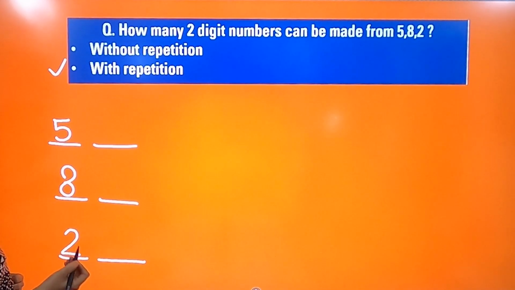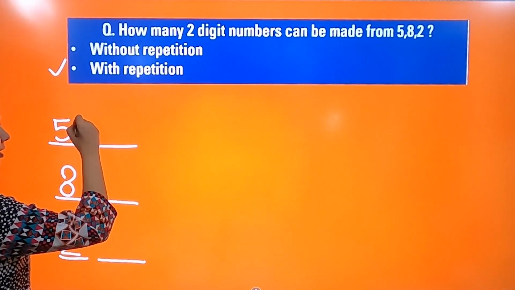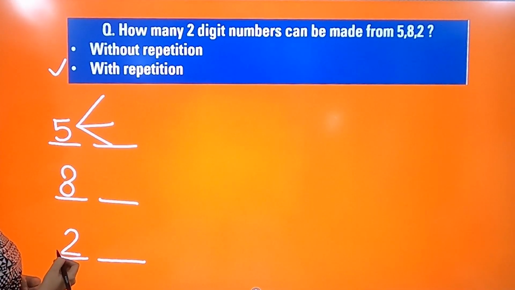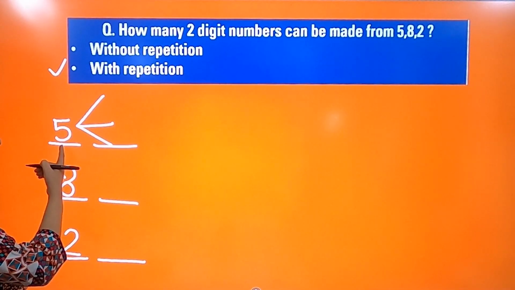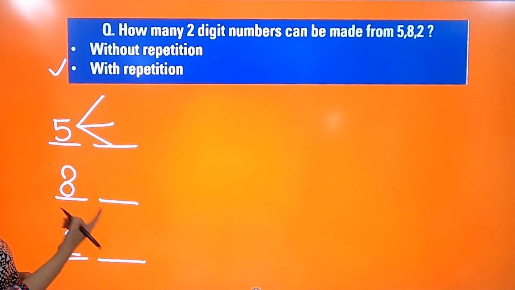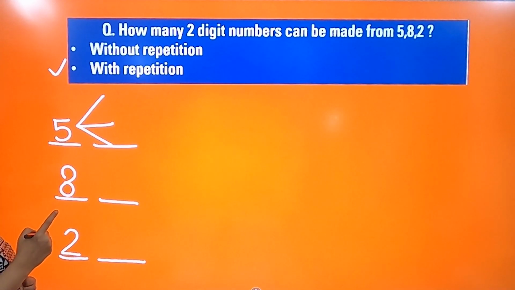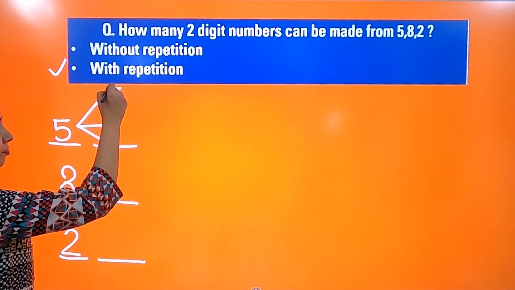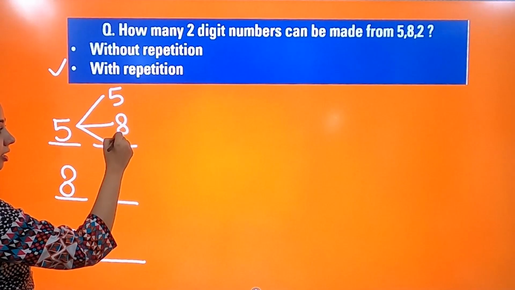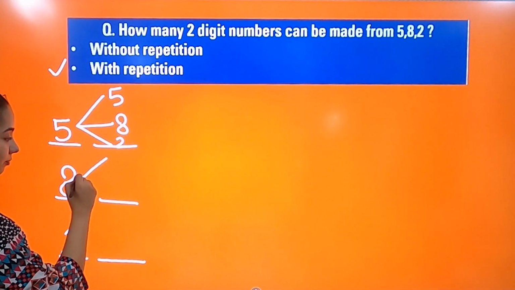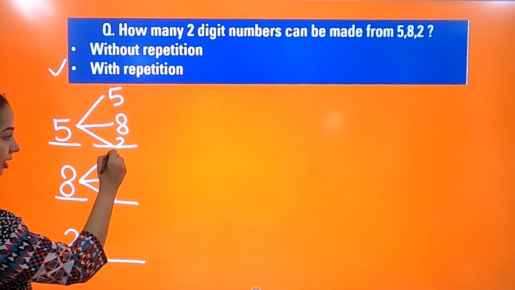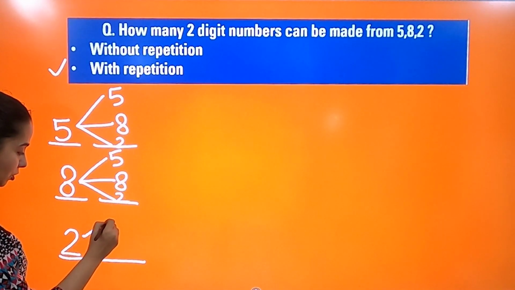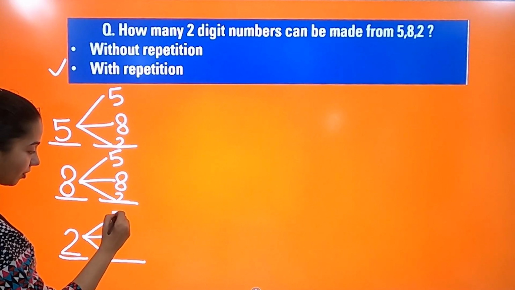Since this time the repetition is allowed, with 5, how many options do I have? I have all the 3 options because I can use 5 again in the second place even if I have used it in the first place, because I am doing it with repetition. So it's 5, 8 and 2. With 8 again it is 5, 8, 2. With 2 again it is 5, 8, 2.